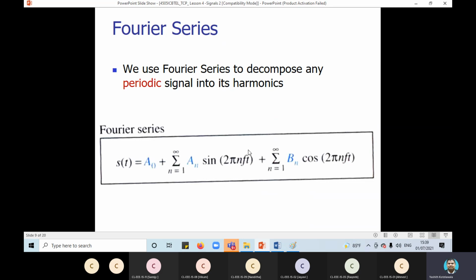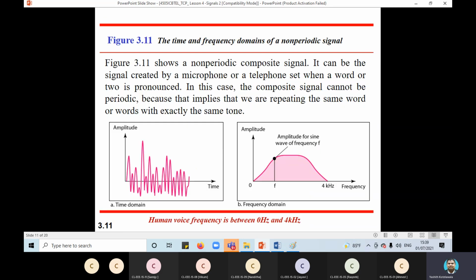You don't go for 180 degrees phase shifts or 270 degrees phase shifts because we need a periodic outcome. But if you go for 270 degrees phase shift or any other different phase shifts, you will get a non-periodic outcome, as you can see here. See students, this is a non-periodic outcome. I will discuss it later.